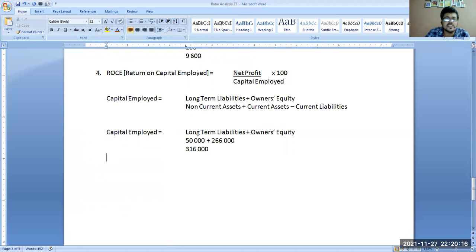Now you can easily calculate ROCE. So ROCE would be how much? See, 9,600 divided by 316,000 and multiply by 100.